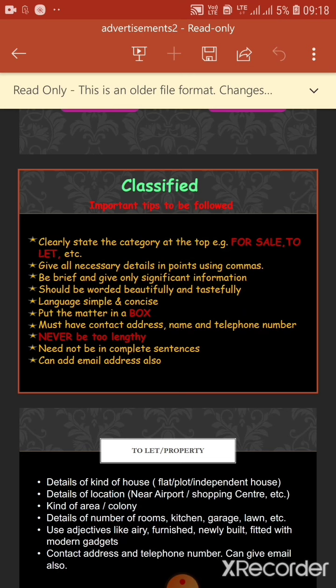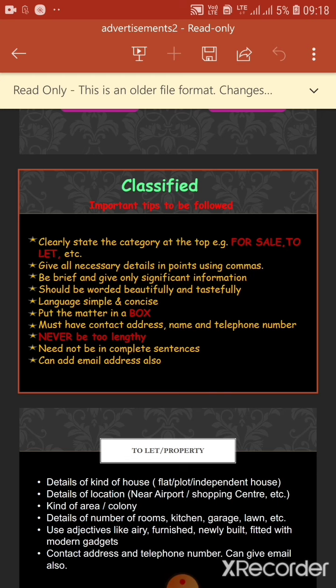The first and foremost important thing for writing an advertisement is the title of the advertisement.